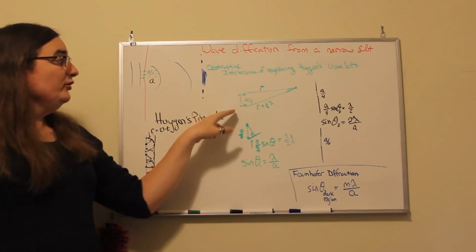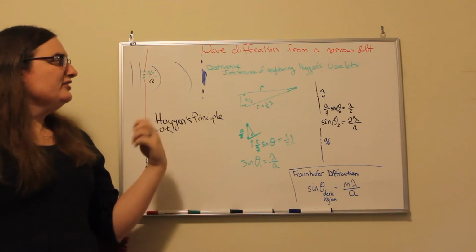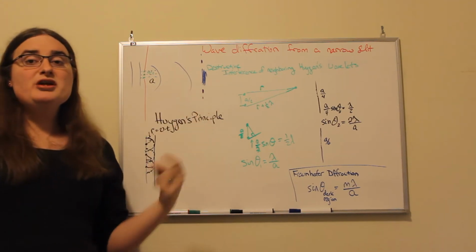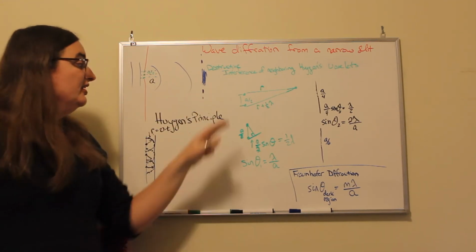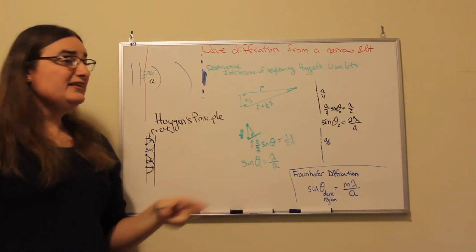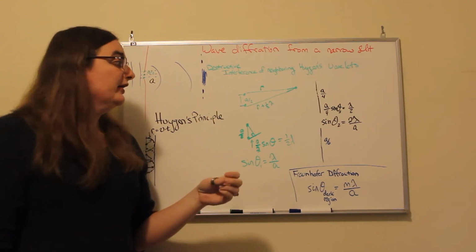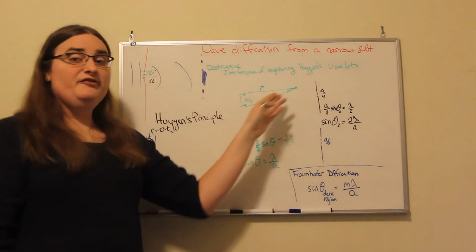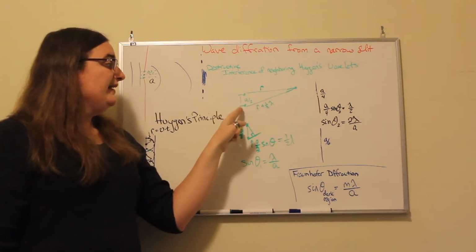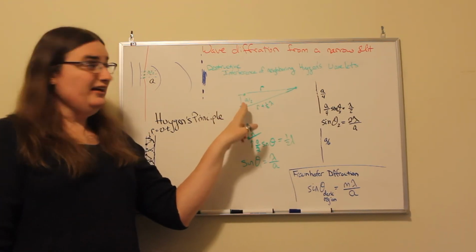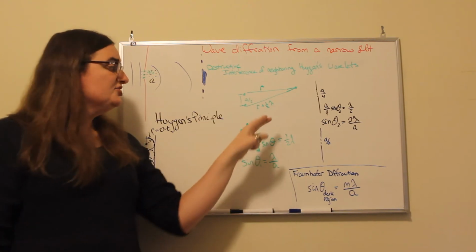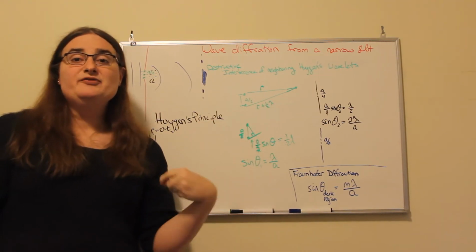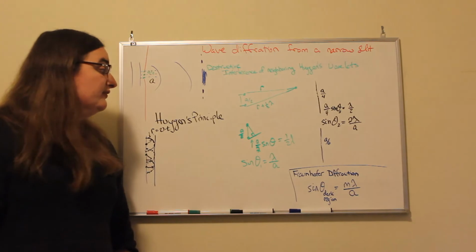So I'm going to consider a destructive interference of two neighboring Huygens wavelets. So they would be spaced a distance a over 2 apart. And to get destructive interference, the difference in path from the wavelet in the center compared to the wavelet at the edge would have to be 1/2 of the wavelength of our wave.